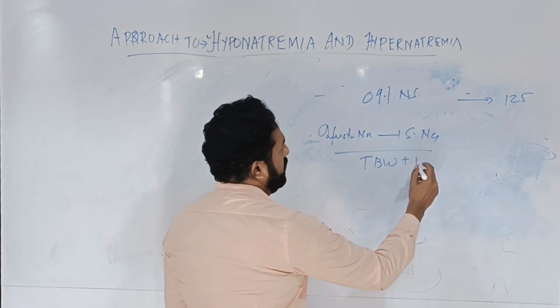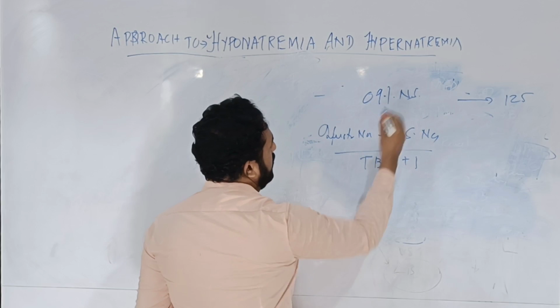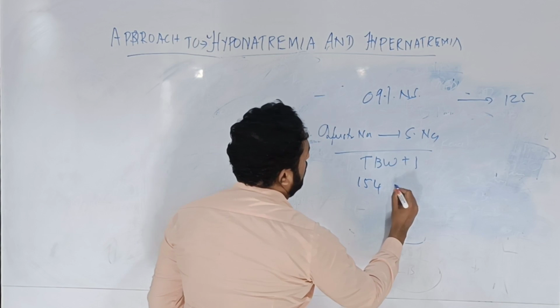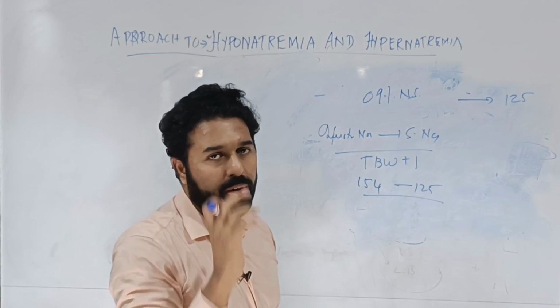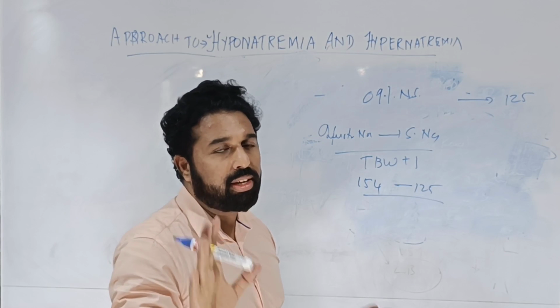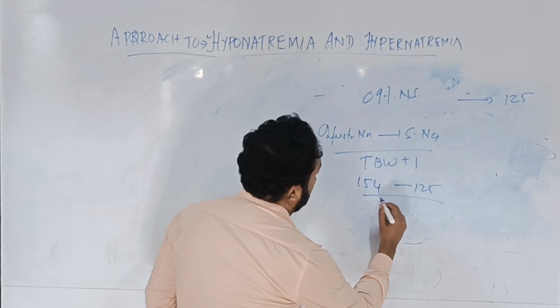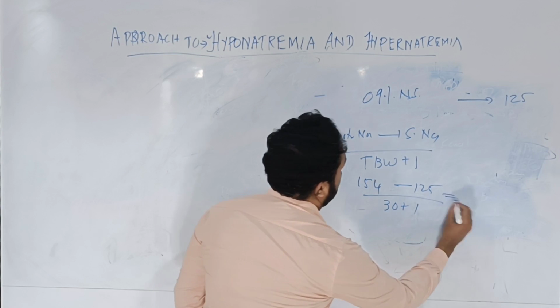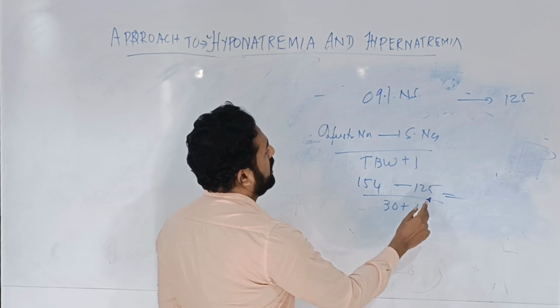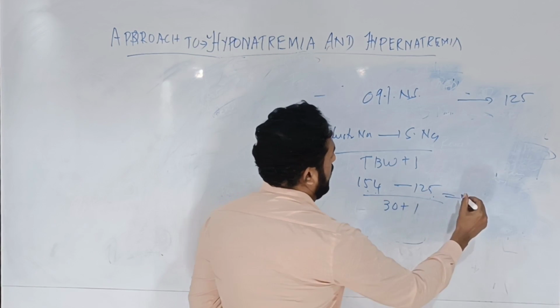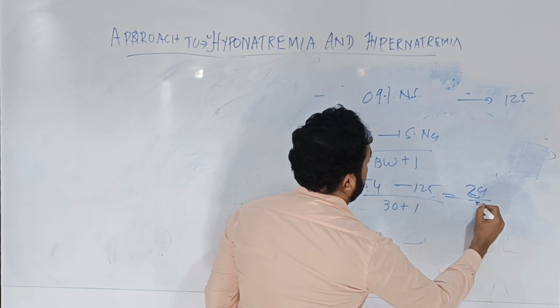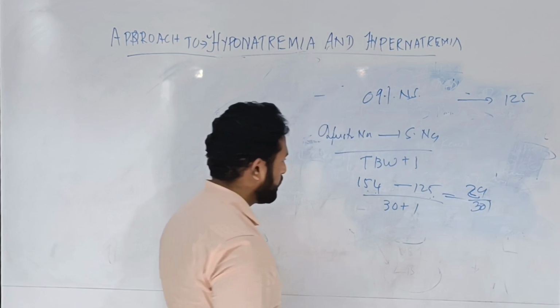Okay, so how much is the sodium increased? This contains 154, so 154 minus 125, divided by, let us say the person is a female of 60 kilo body weight. So half of that is 30, plus 1. So approximately 29 by 31.